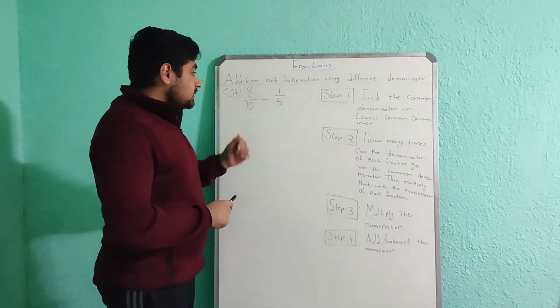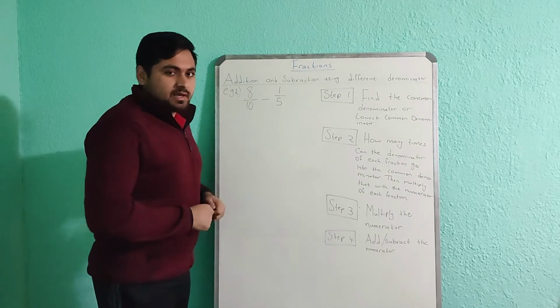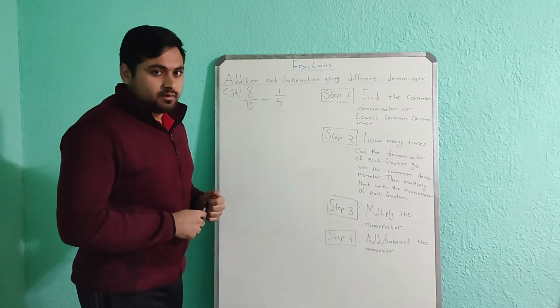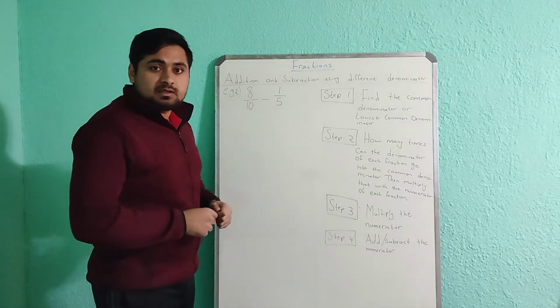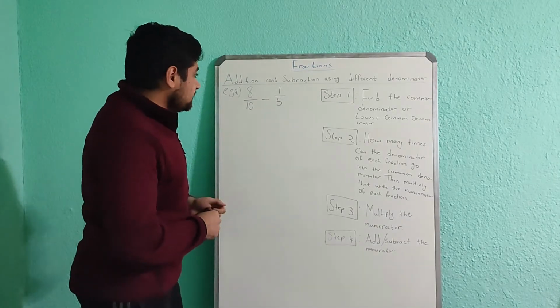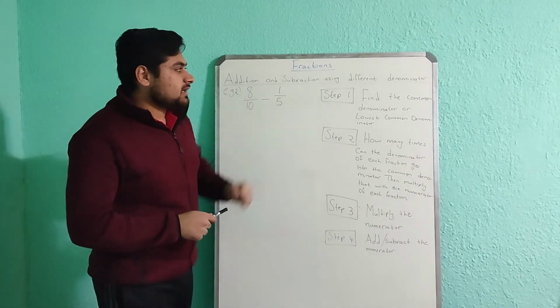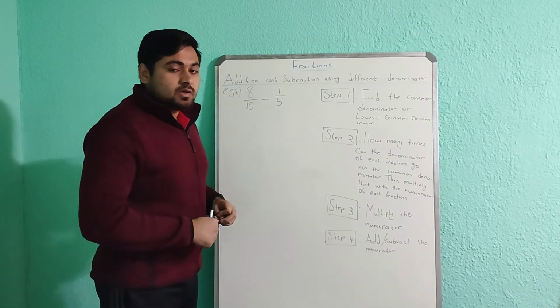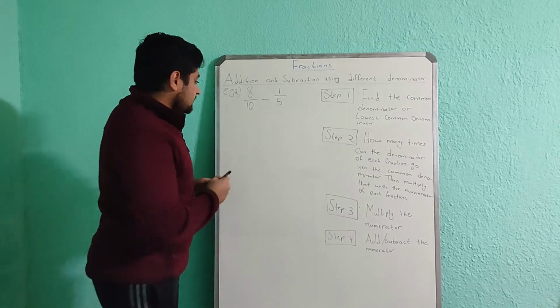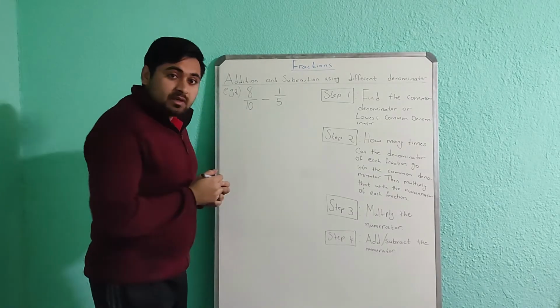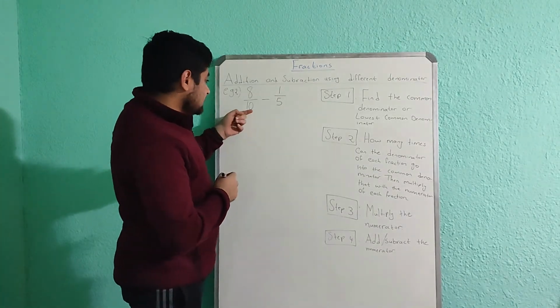Now example 2 says 8 over 10 minus 1 over 5. We can see our denominators are different, and now we are dealing with subtraction. So first, what did our step 1 say? Find the common denominator, or the lowest common denominator. So let's find it. We take the denominator of the first fraction, which is 10.